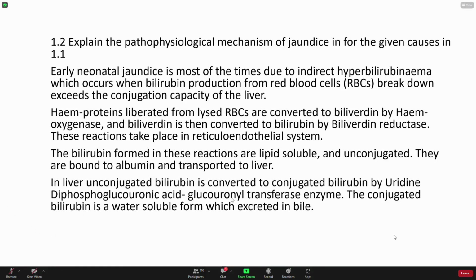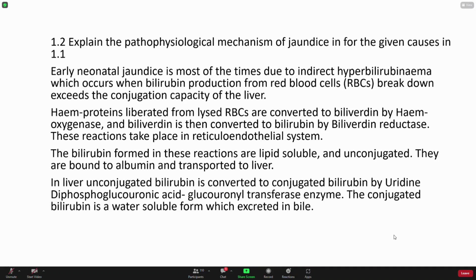The bilirubin formed in these reactions is lipid soluble and unconjugated. It is bound to albumin and transported to the liver. In the liver, unconjugated bilirubin is converted to conjugated bilirubin by uridine diphosphate glucuronyl transferase. Again, if you don't know the enzyme name, it is perfectly all right.